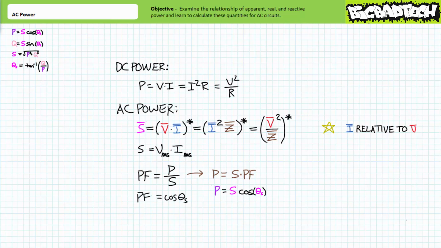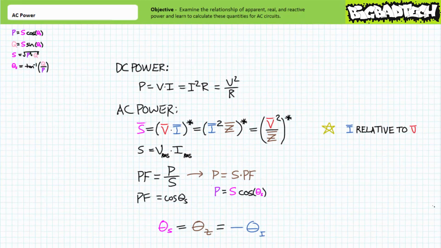Power factor equals cosine theta s. While we're on the subject of angles, what is theta s? Obviously, theta s is the angle of apparent power when apparent power is represented as a complex number. It's also a couple of other things, and you can use these observations to shortcut your work or check your calculations. If everything works out right, theta s should have the same value as the angle of the impedance for the element in question, theta z.